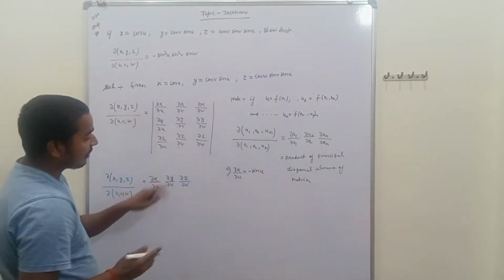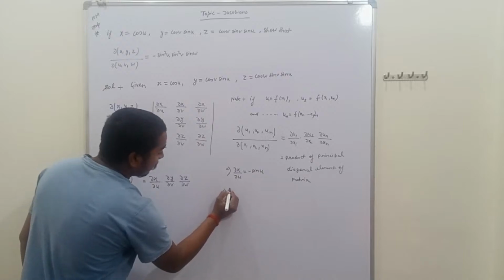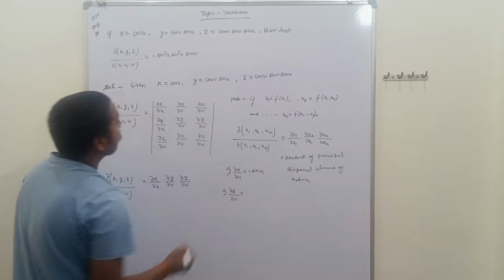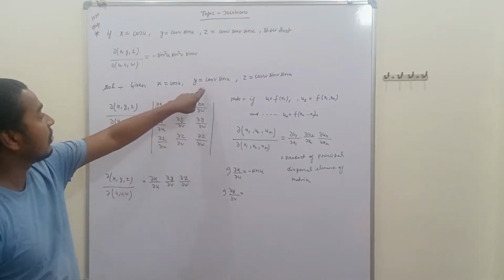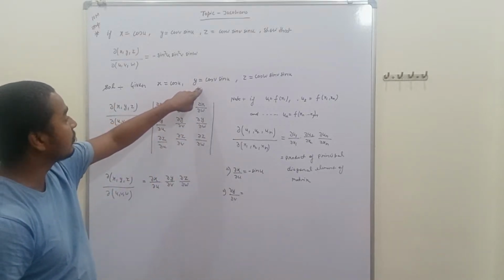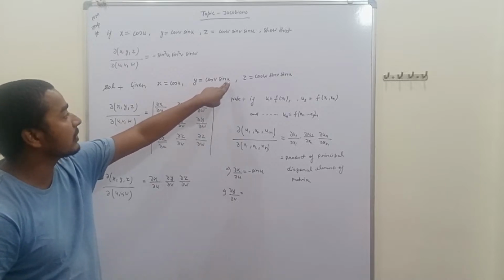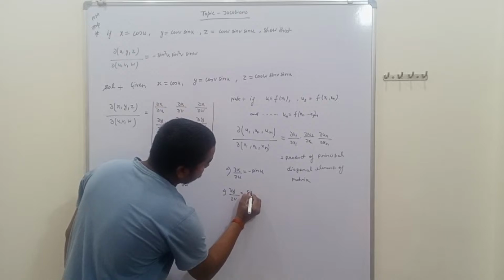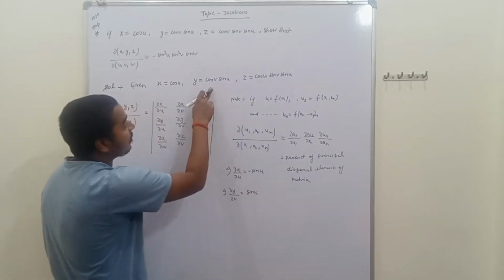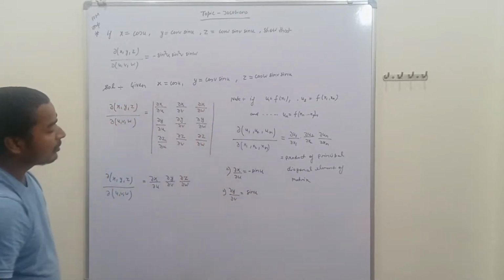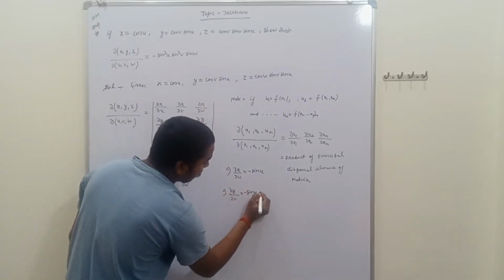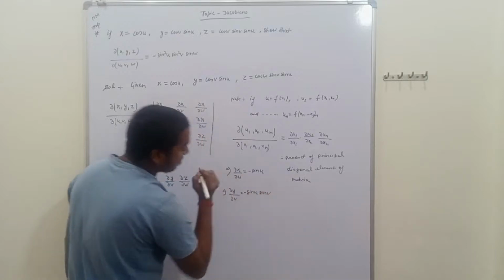Next, ∂y/∂v: partially differentiating y with respect to v, taking sin u as a constant and differentiating cos v with respect to v, gives minus sin u sin v.